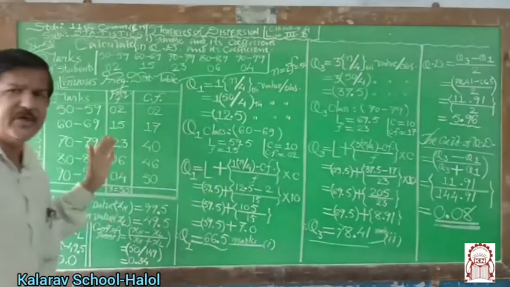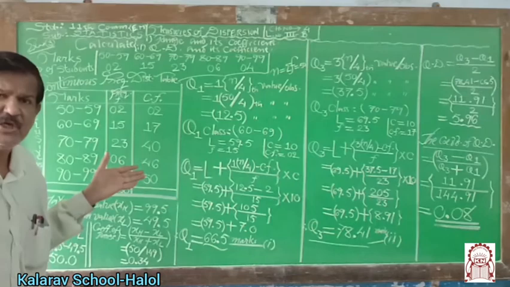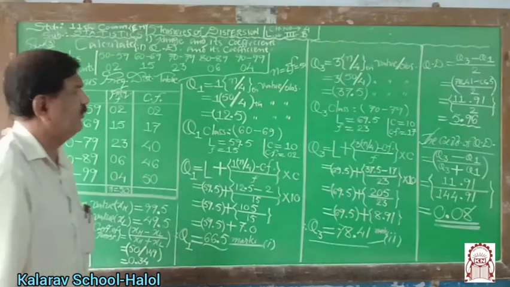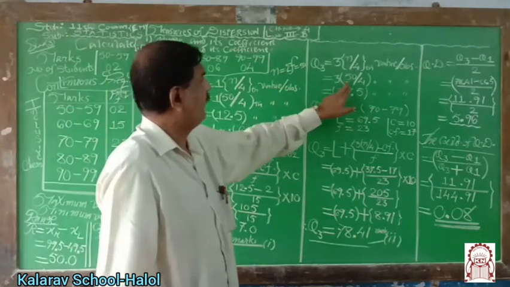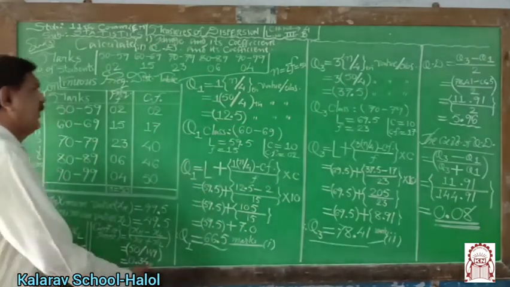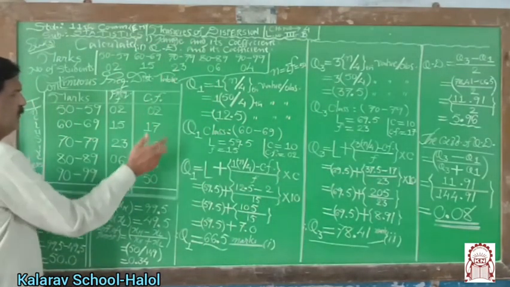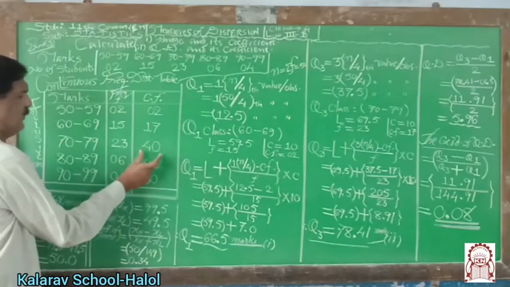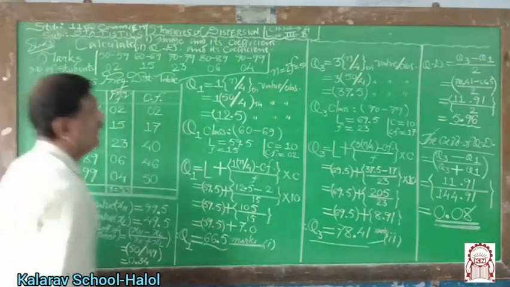It depends upon the distribution given. Here, 50 by 4 is 12.5, into 3, 37.5. See 37.5 in the column of CF, therefore our class is 70 to 79.